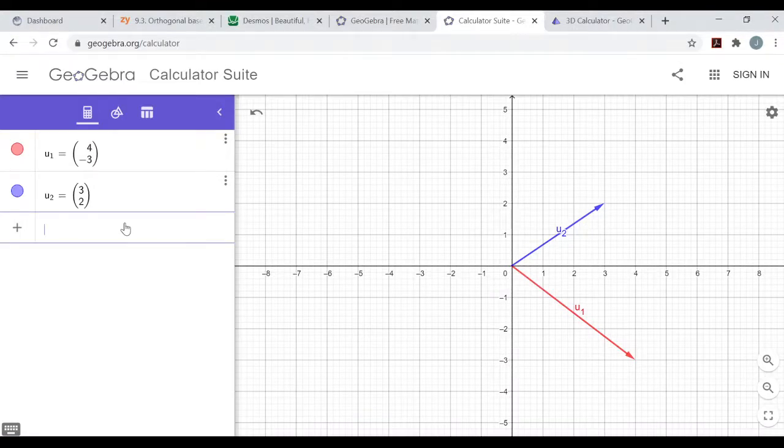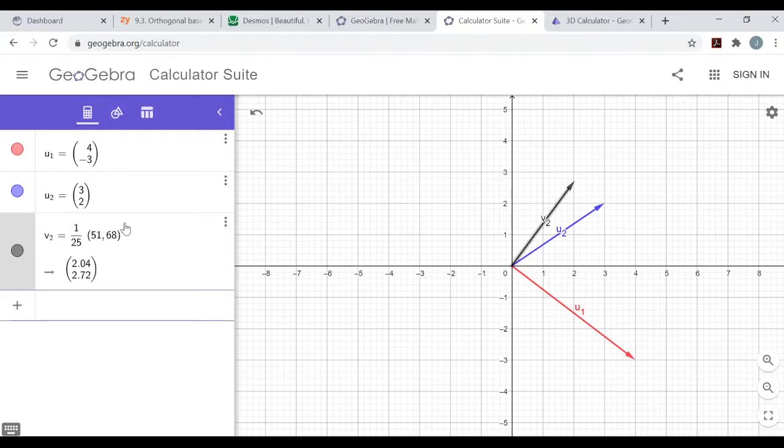So I'm going to call this V2, because again, U1 is the same as V1. V2 is 1/25 times the vector 5, 168. Right, and look at that, look at that black vector show up, V2.